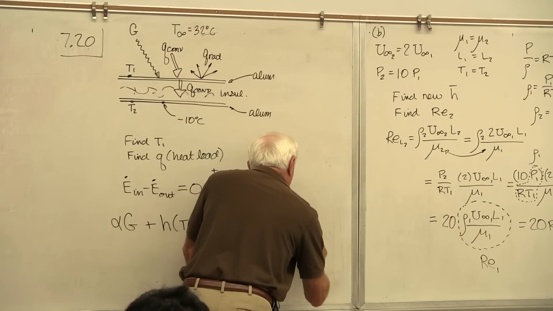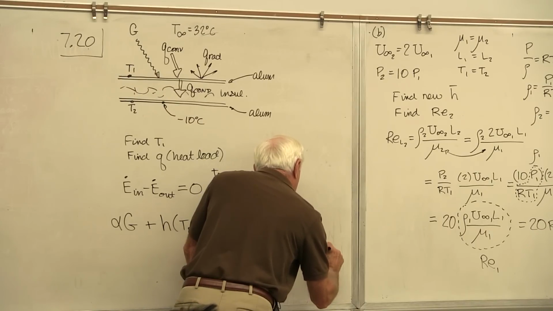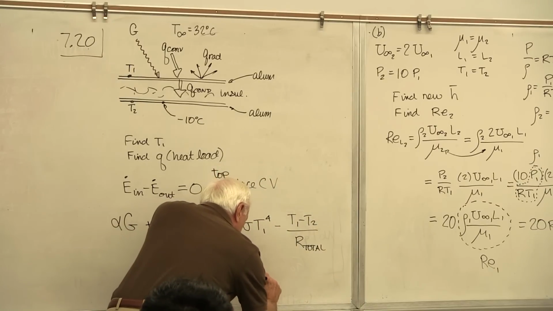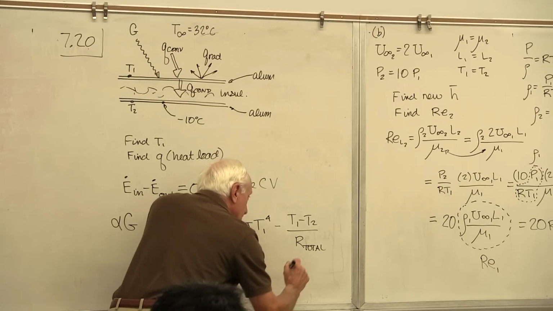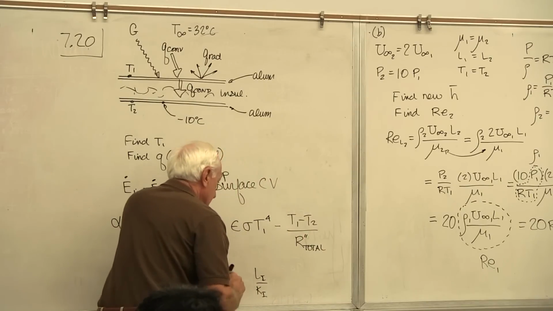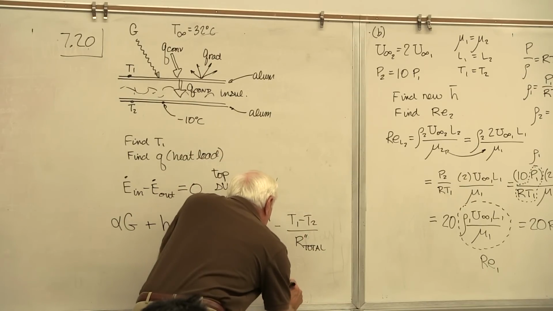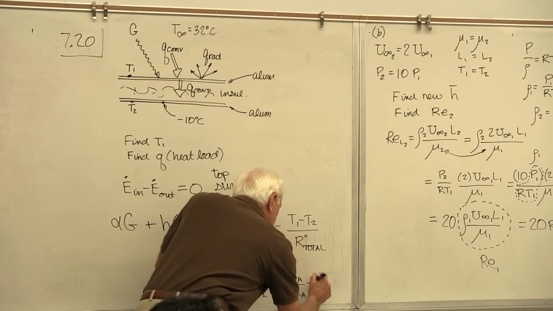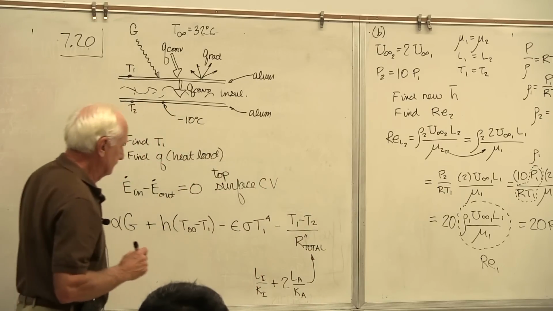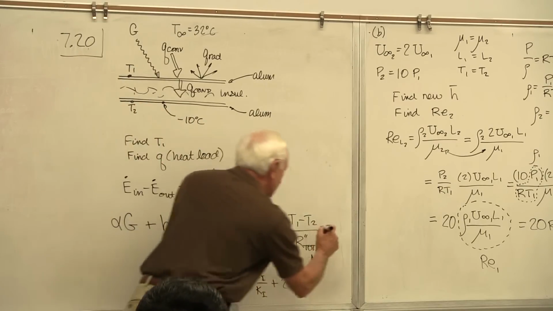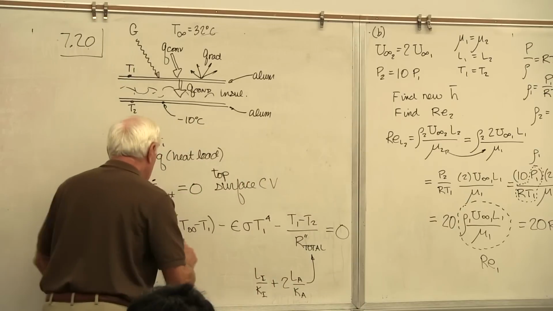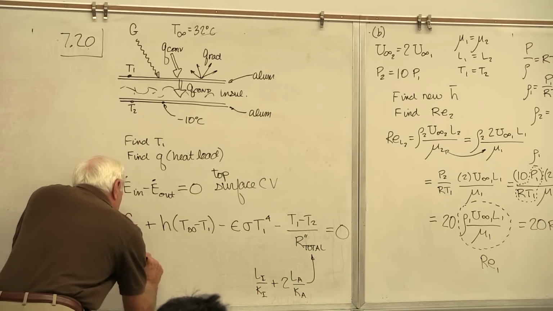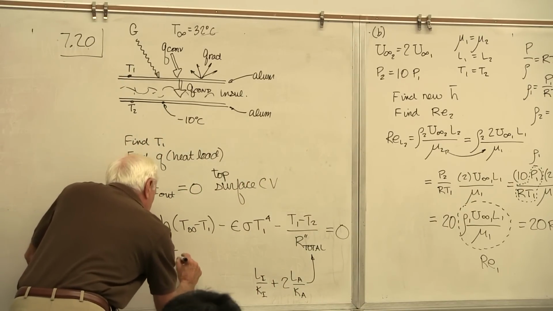Divided by R total: L insulation over K insulation, on a per square meter basis, plus 2 times L aluminum divided by Ka, but A is 1 aluminum. So there's our total. And that's equal to 0. Solve for, I know everything, solve for T1.